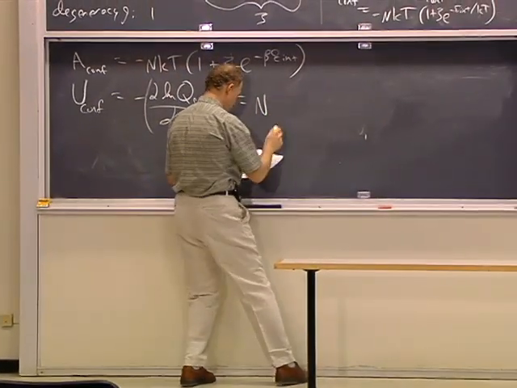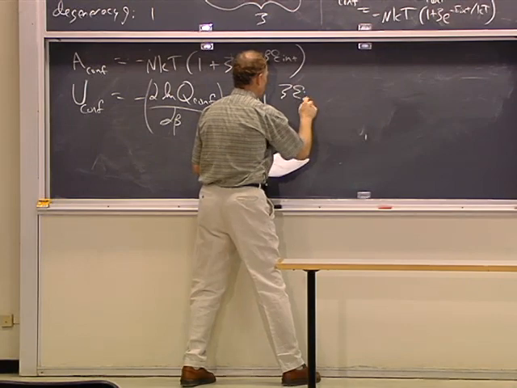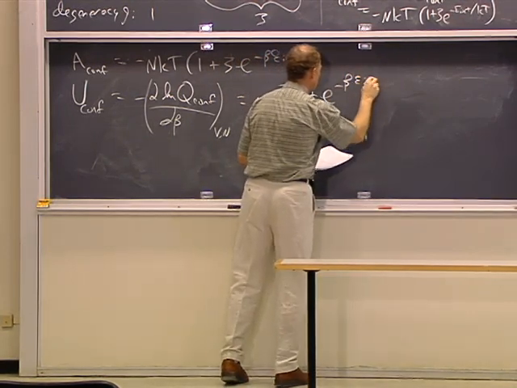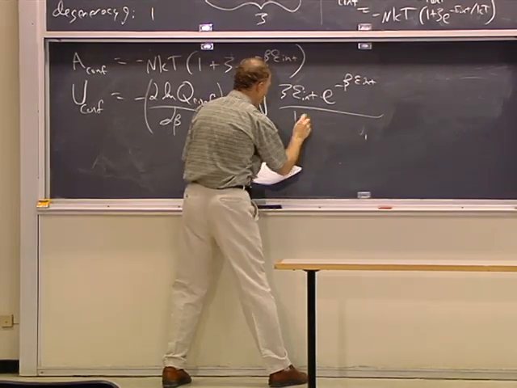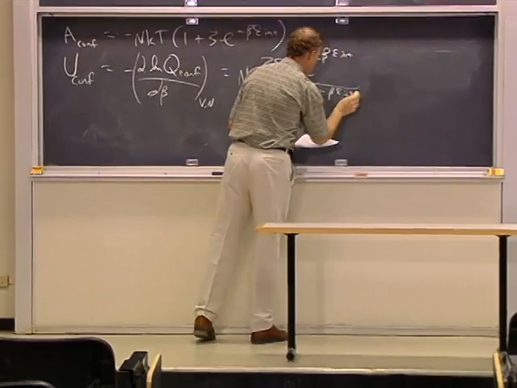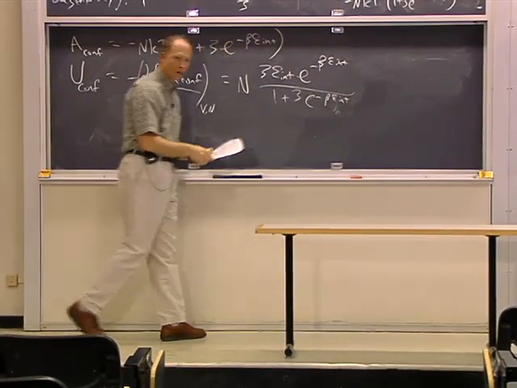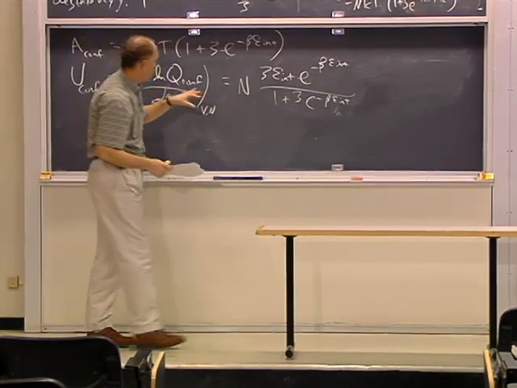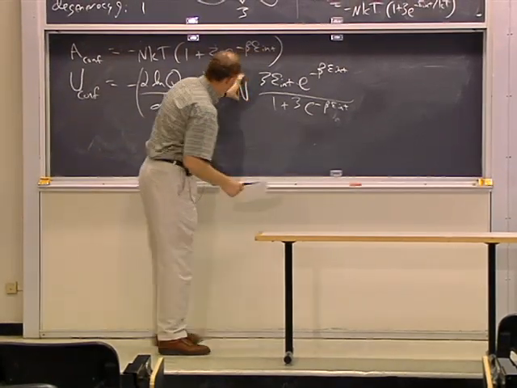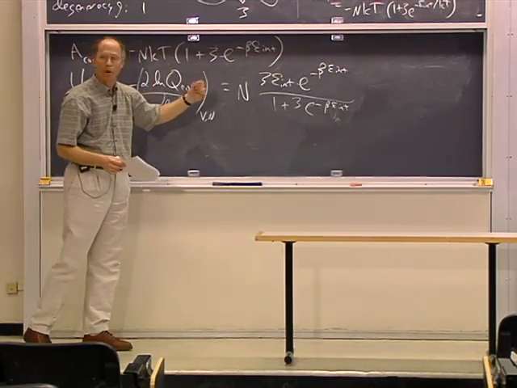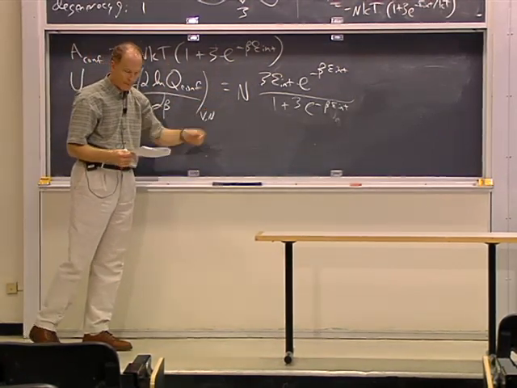It's N times 3 E int e to the minus beta E int over 1 plus 3 e to the minus beta E int. Okay. And once again, the feature I want to point out is that there's a factor of N here, right? Again, there's an energy per molecule, right?